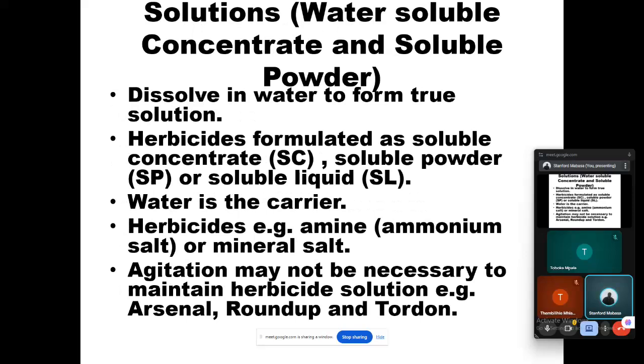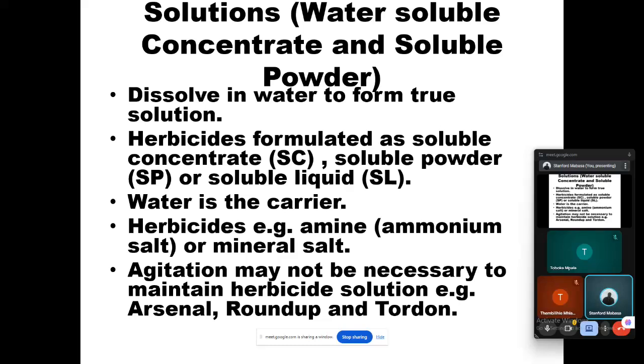Now we are going to start with solutions. We can have water soluble concentrate and soluble powder. These actually dissolve in water to form the true solution.